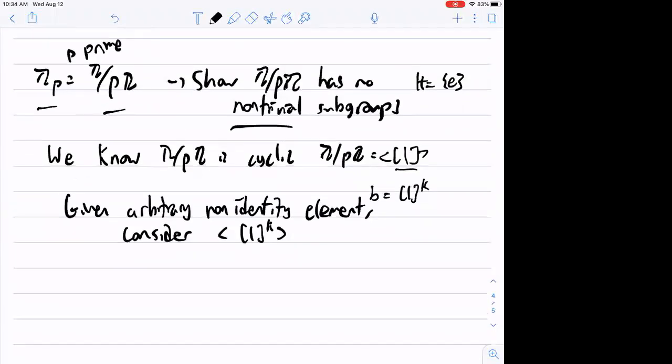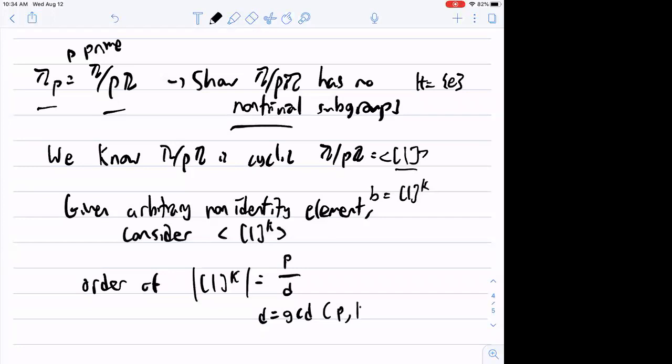So from here, let's use the order. What's the order of 1 to the k? It's n divided by d, where d is the GCD of p and k. Now, question, what's the GCD of p and k?